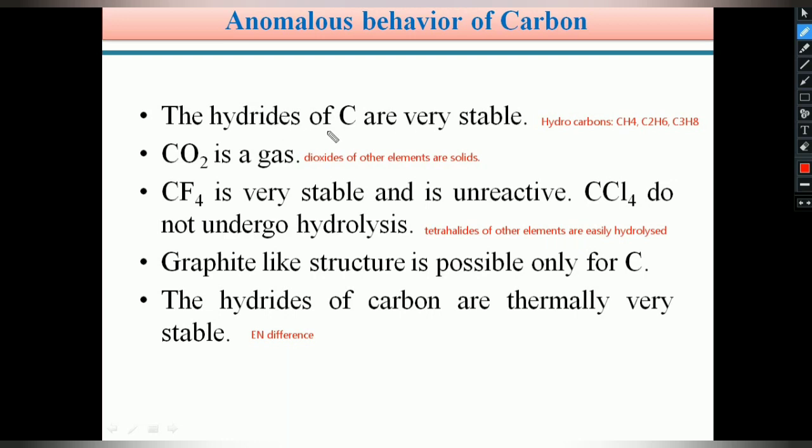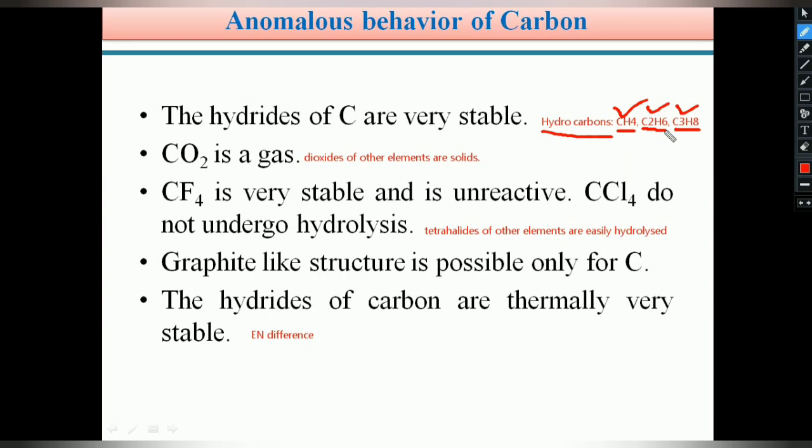Students, the hydrides of carbon are very well known. For example, hydrocarbons: the hydrides of carbon are known as hydrocarbons. For example, methane CH4, ethane C2H6, propane C3H8. In this manner, the hydrocarbons are highly stable, they exist naturally, and we can also prepare them.